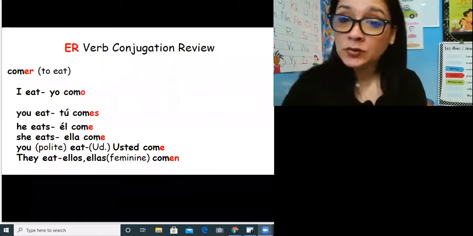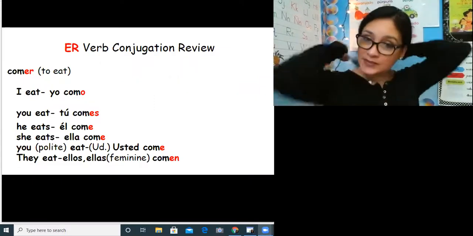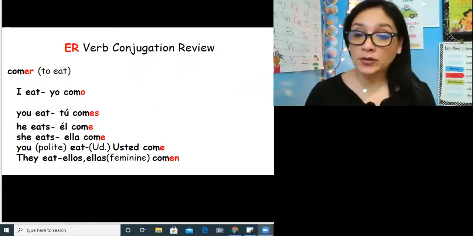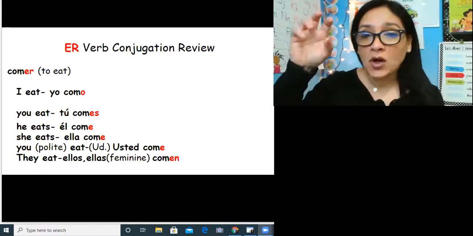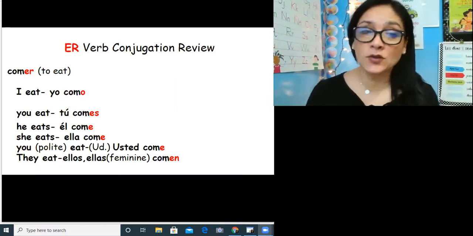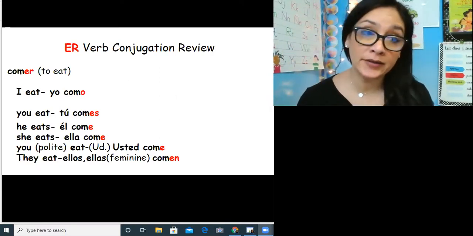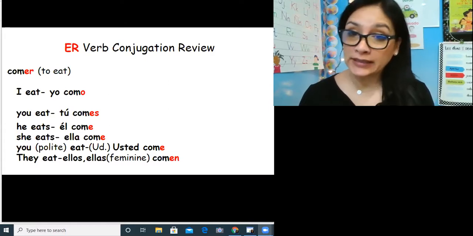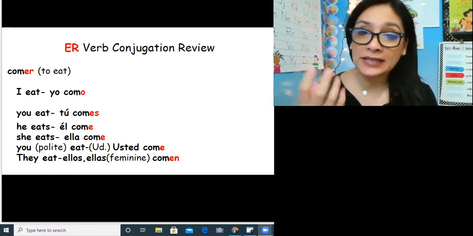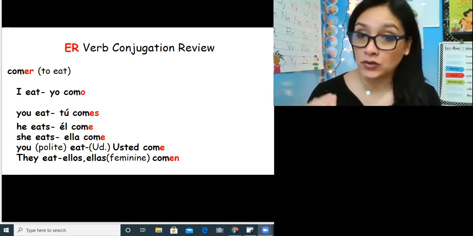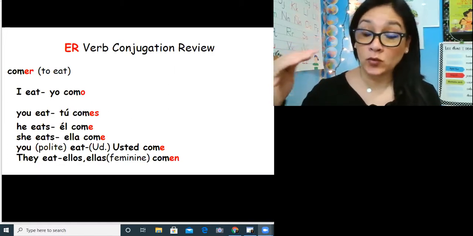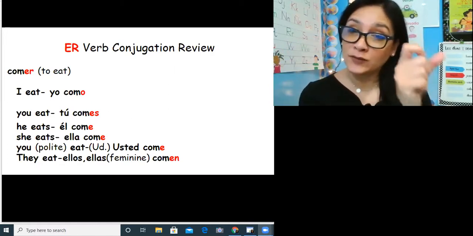So for review, to conjugate ER verbs in Spanish, remember, recuerdas, that we take off that ER at the end. So if we're looking at the verb comer, which means to eat, we take off the ER ending and we add new endings depending on what's the first part of our sentence.